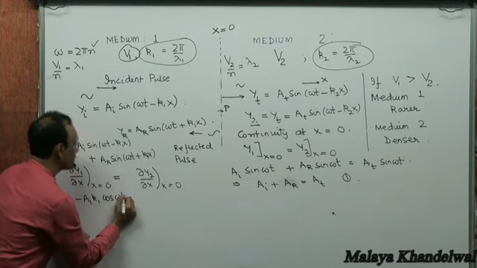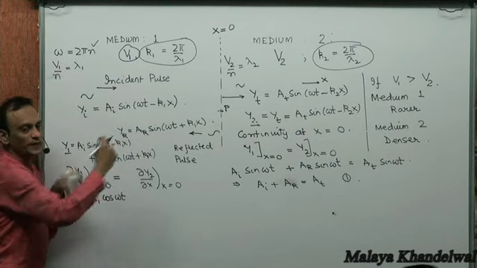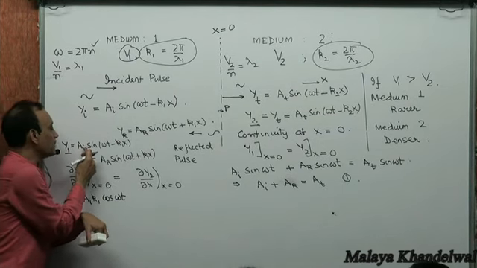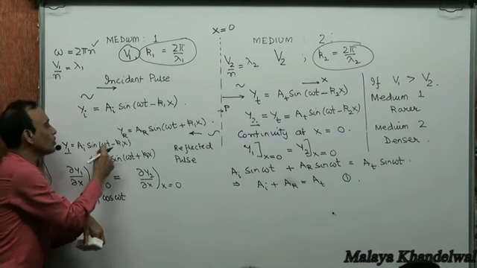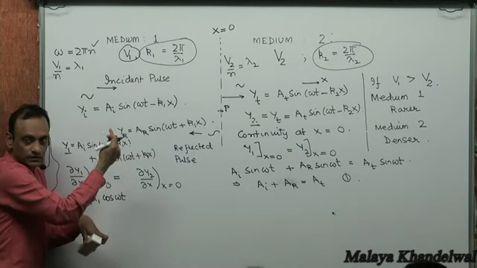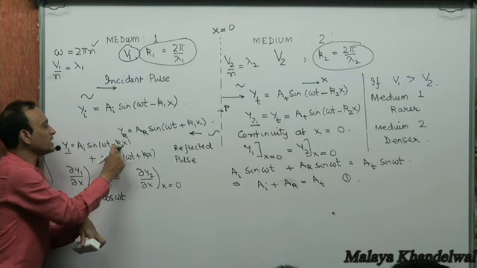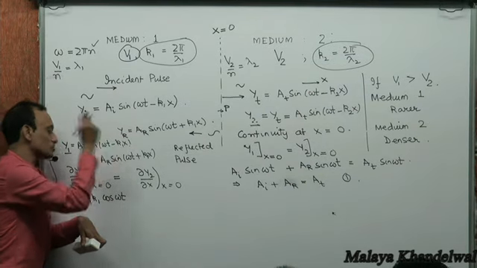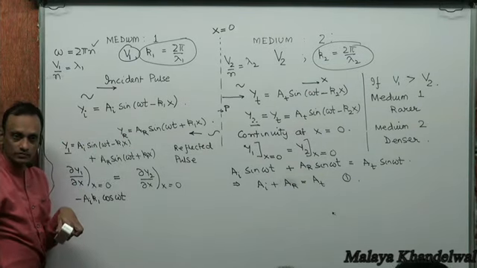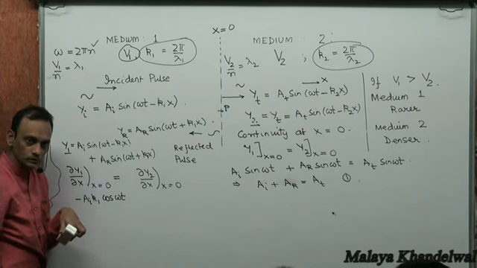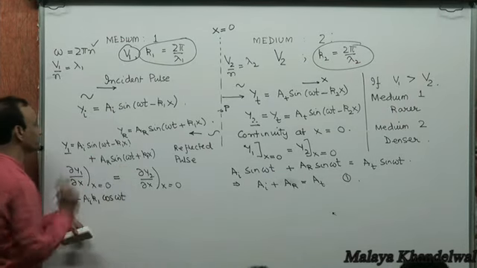You know what I did? If you differentiate this with respect to x, what do you get? Minus ai k1 cos(omega t minus k1x). But the value of that at x equal to 0 would be what? Minus ai k1 cos omega t at x equal to 0. Right now? No? Okay, what about this?